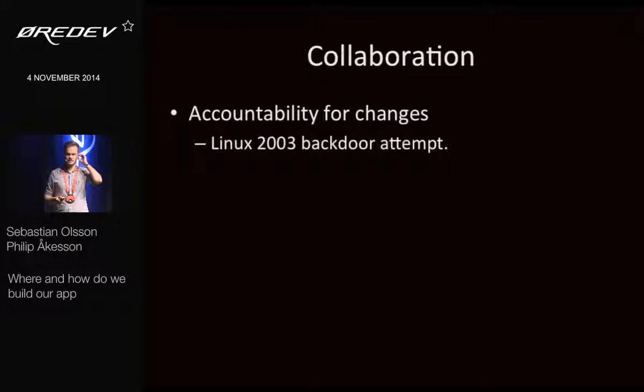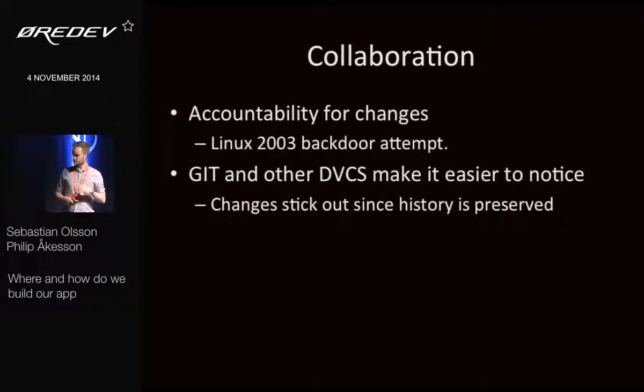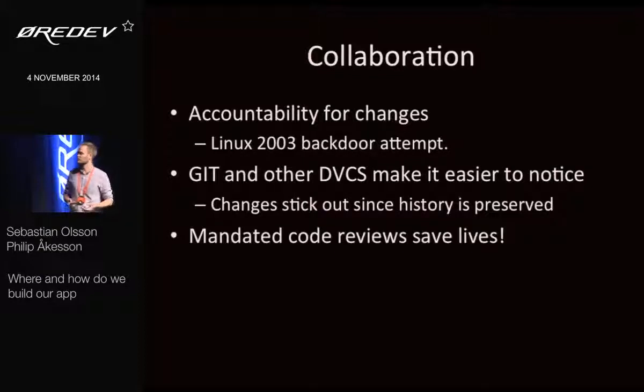They saw a commit that didn't belong there. So it never got into the main repository, but to a clone. But you need to have accountability for changes. And Git and other distributed version control systems make this way easier, because the history is everywhere. So it's much easier to notice if something has changed. You can't just rewrite history in an efficient manner in Git, for example. So mandated code reviews save lives, literally.